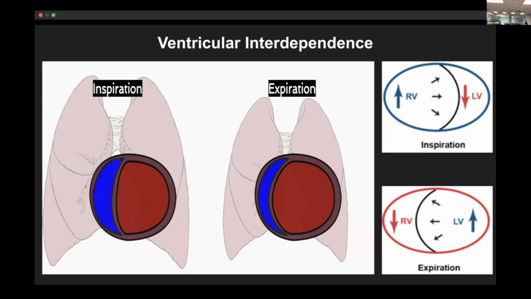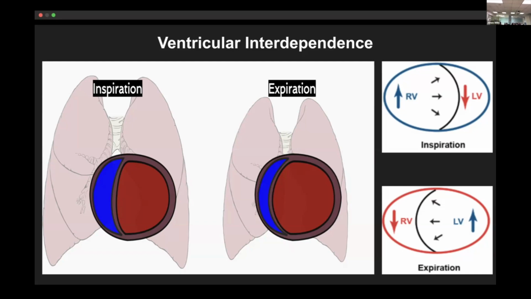That means your cardiac output during inspiration is lower. Conversely, in expiration, because you have increased intrathoracic pressure, the RV doesn't get that much filling from the venous side. That means the LV is able to fill more. It wins in terms of space, and thus the cardiac output is higher. This is about a difference in BP of around 10 millimeters of mercury.